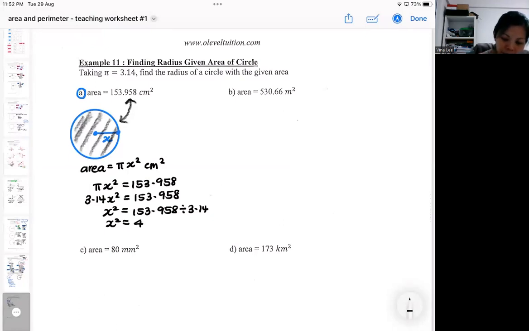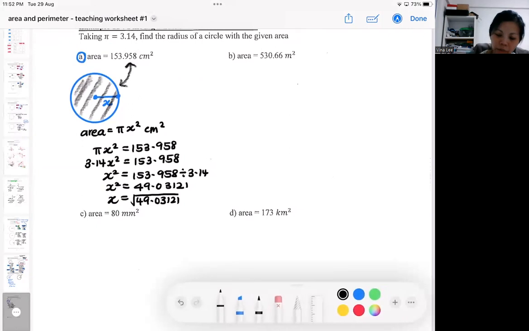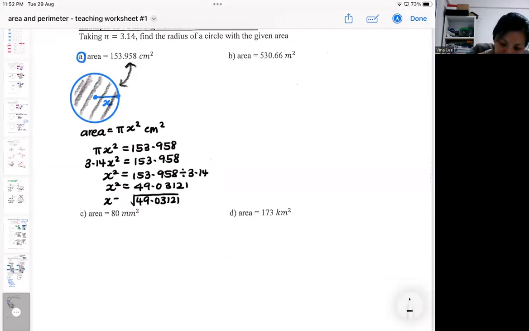It is like 49.03121, so not to worry. Then you take the square root. Taking the square root should give two answers for x.